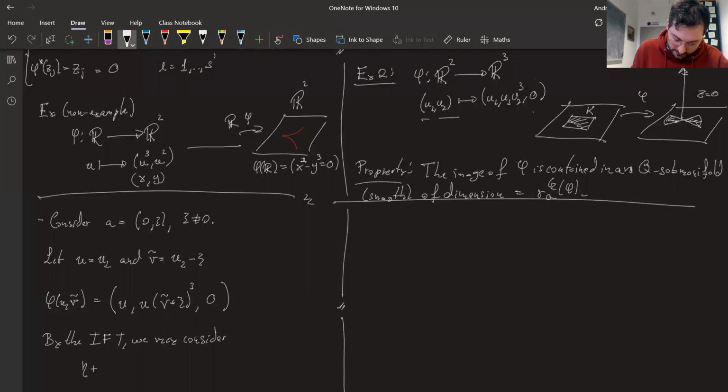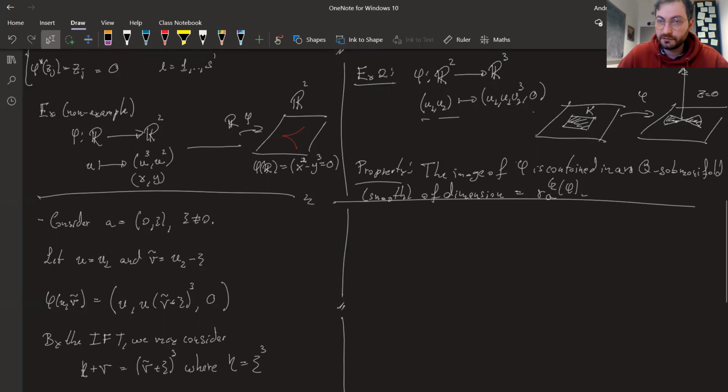v equals ṽ plus psi to the power 3, where this is just psi to the power 3. So by the implicit function theorem, I might still make a change of coordinates of this form, right? The derivative with respect to ṽ of this part here is different from 0, because psi is different from 0.